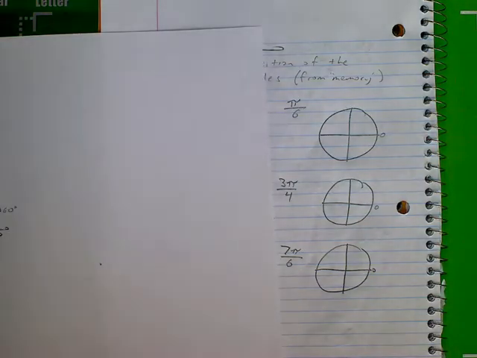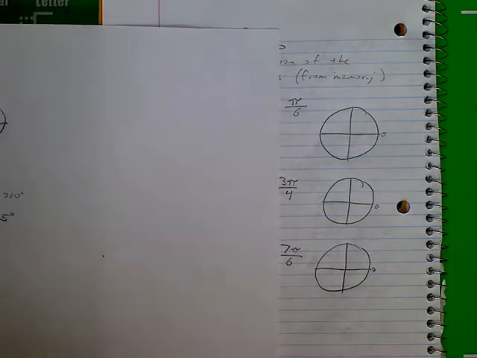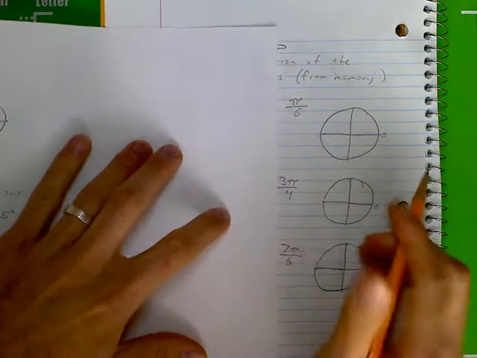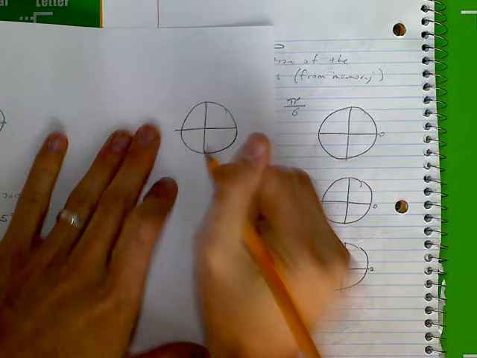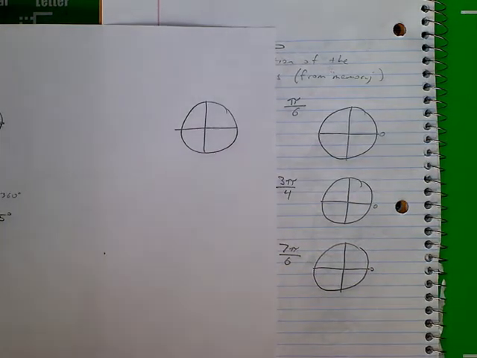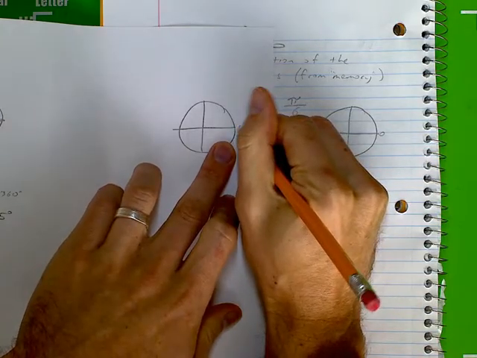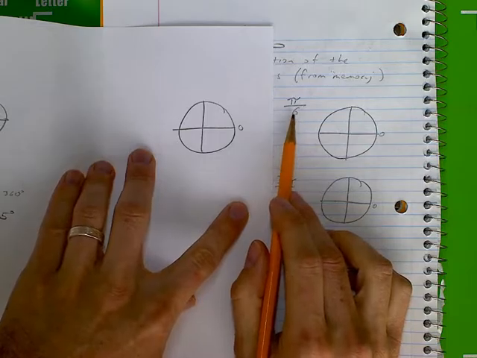Okay. The ones that are a little bit more tricky are the radians. At least that's my opinion. You might share it. You might not. So let's say I want to find pi over 6. So what we did yesterday is we would set up our important angles all written with the same denominator.